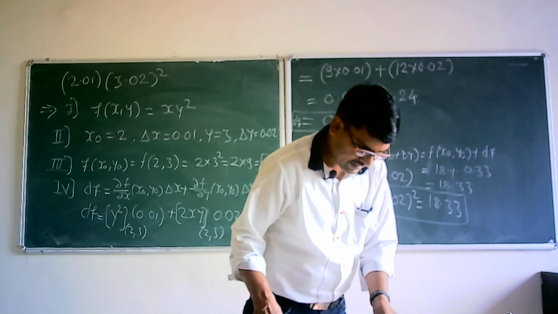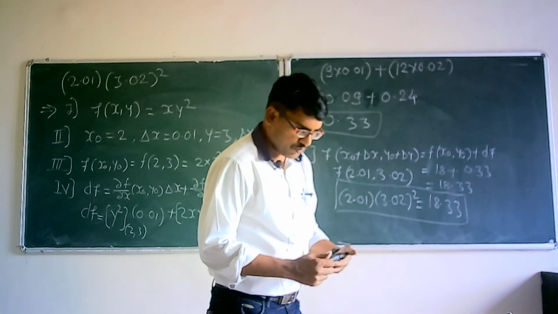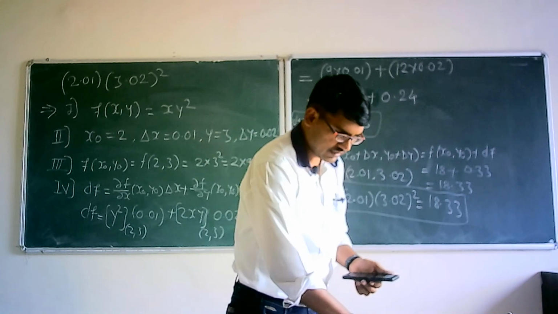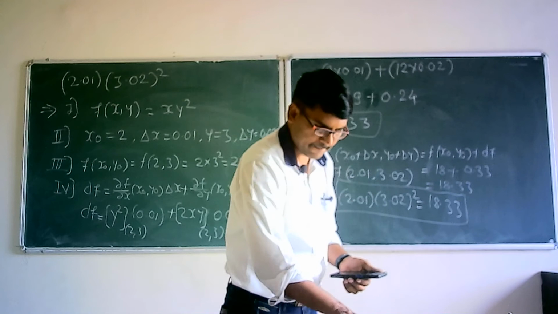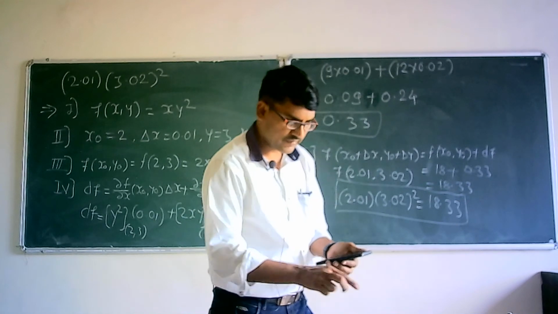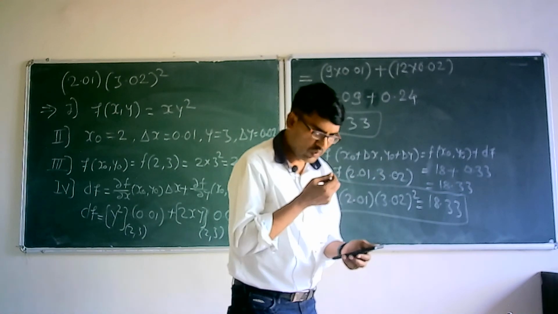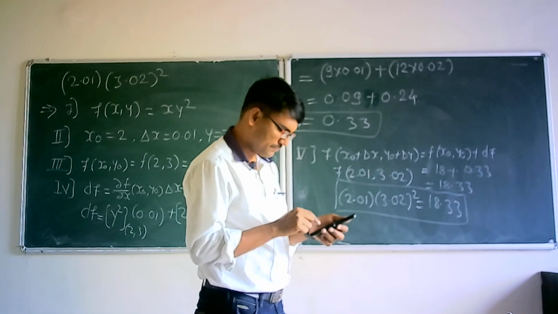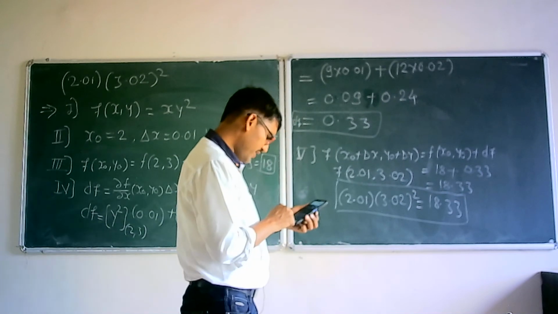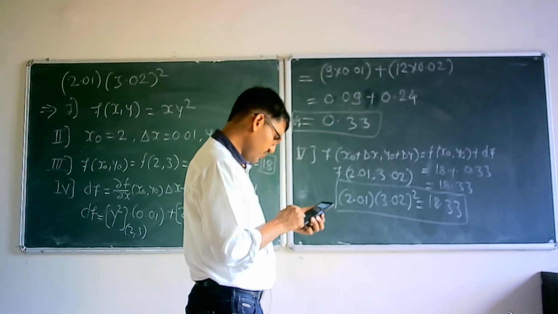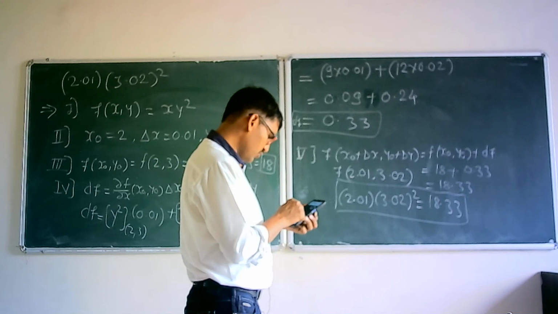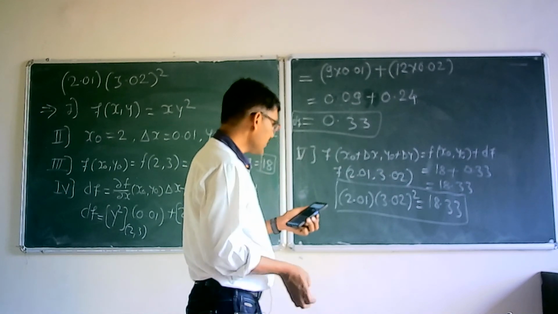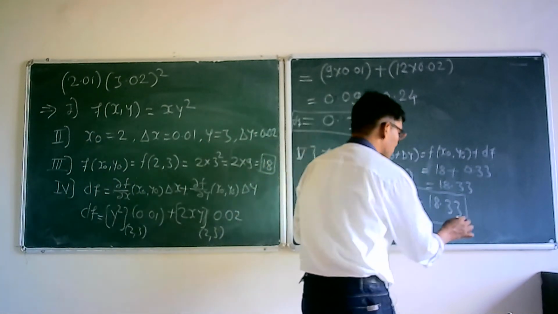And if we use the calculator, then 2.01 into 3.02 bracket square is equal to 18.332.